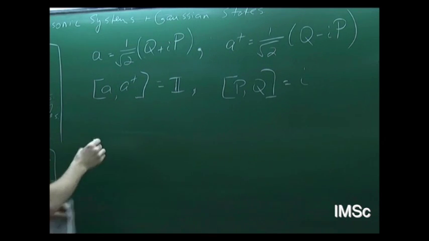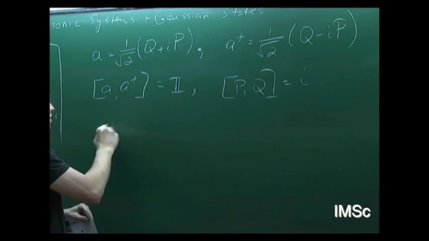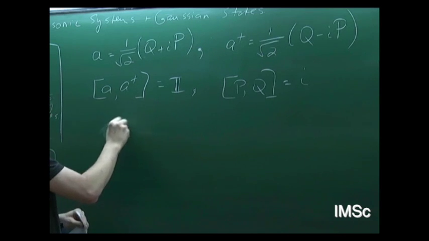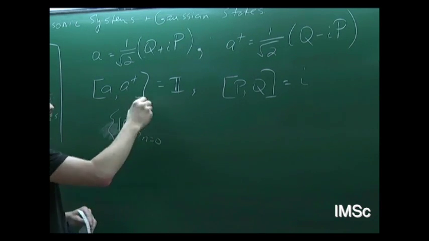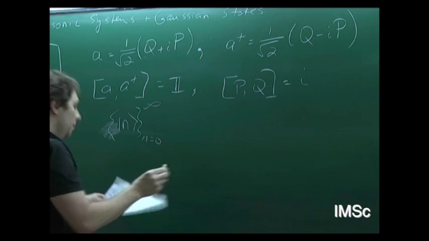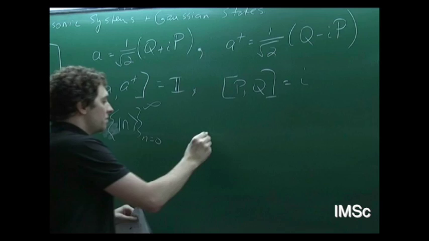And the Hilbert space of this mode is described according to some discrete basis where n labels the photon number of the mode. And these a's and a daggers behave like this.